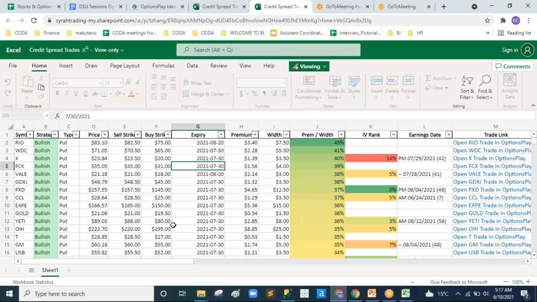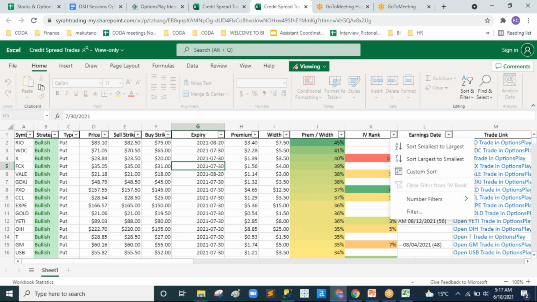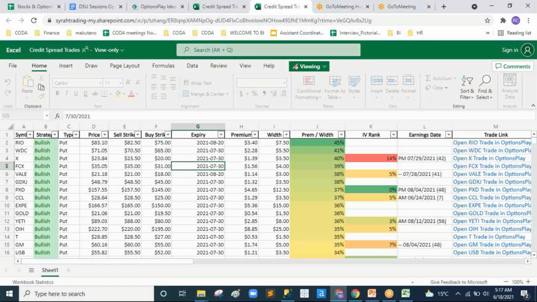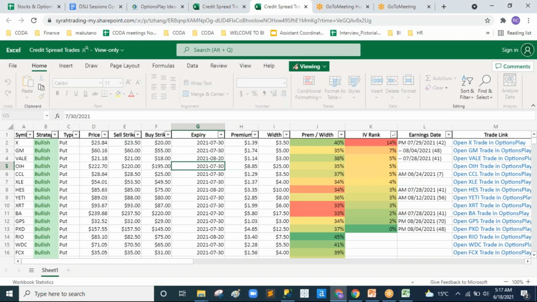Like let's say, for example, let me try and see here. Let's start from the largest. Let's see the IV rank, the volatility rank. We have this X showing some bullishness, right?